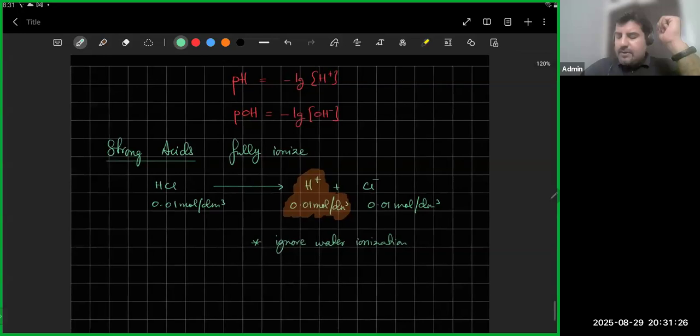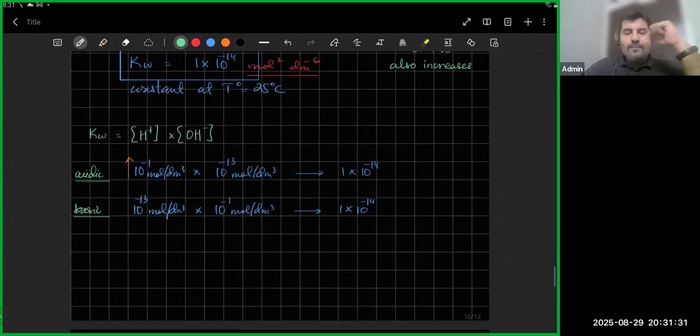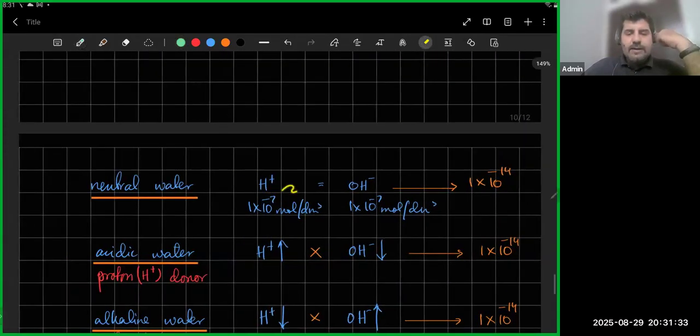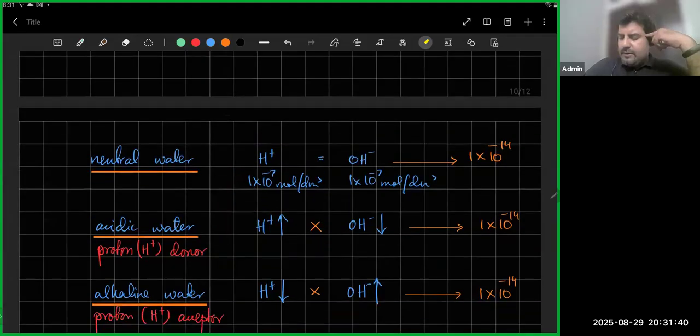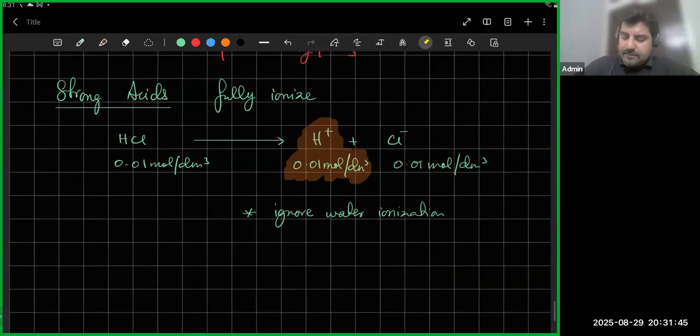Because earlier we discussed that the concentration of H plus 1 ions produced by water is very, very low. So the amount of H plus 1 coming from water is kind of negligible. Water ionizes weakly, so H plus 1 concentration from water can be ignored.